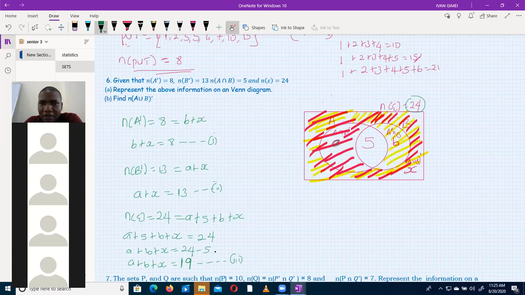Can somebody tell us how this is done? Olusaga, do you have any idea how we can solve these equations and come up with the unknowns we created? Okay, it's like nobody has an idea.